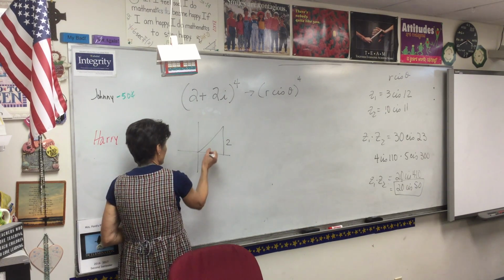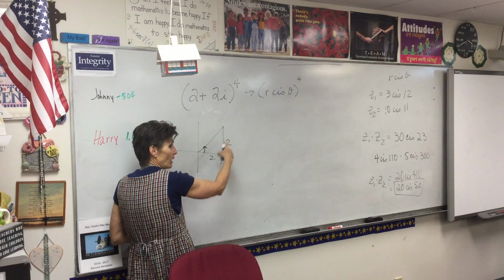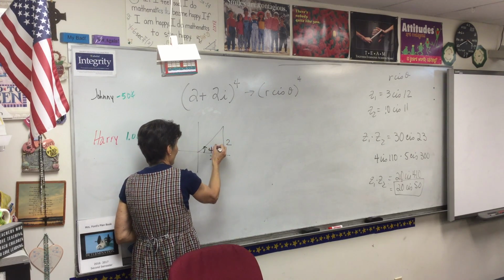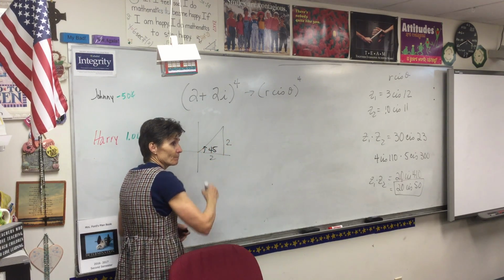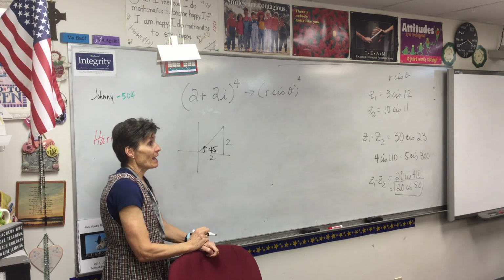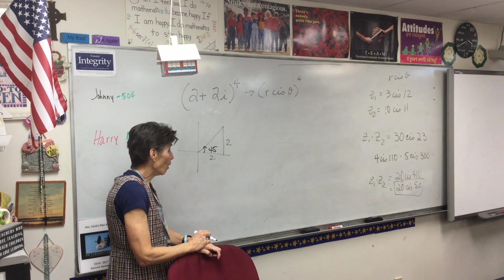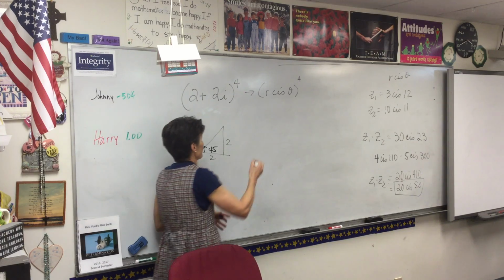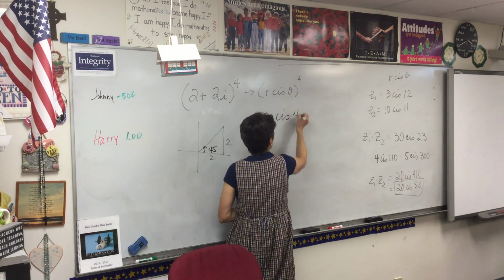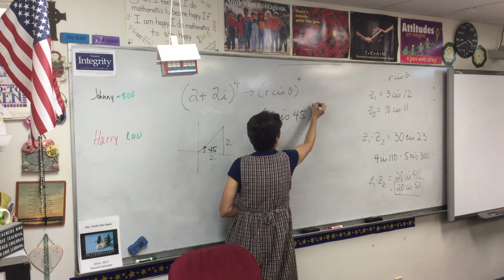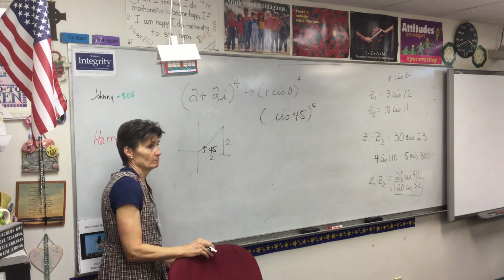All right, so here we go. Can you tell what theta is? This is an easy one. That's a 45. See how those match? That means it's a 45. And since it's in quadrant 1, it's 45. We don't have to do anything to it. Now we need to find r.